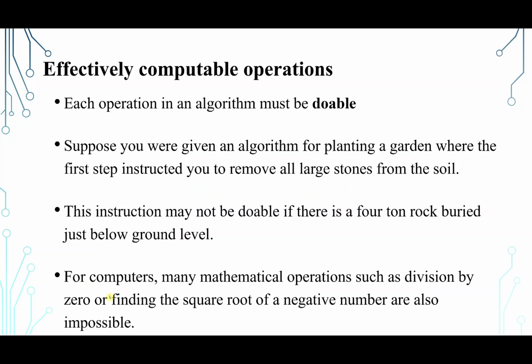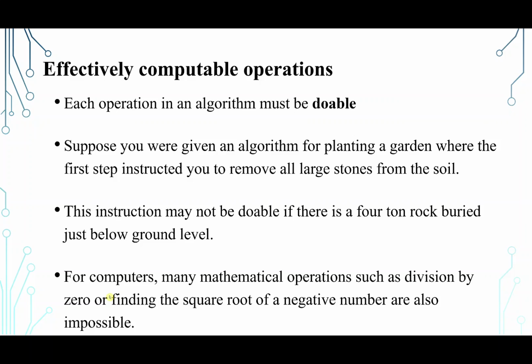So effectively computable operations. Each operation in an algorithm must be doable. You cannot ask the computer to do something that is not doable and expect a result. So suppose you're given an algorithm for planting a garden where the first step is to remove all large stones from the soil.